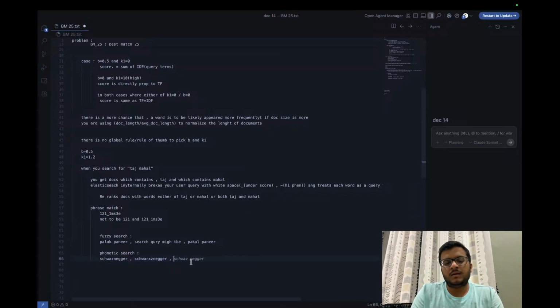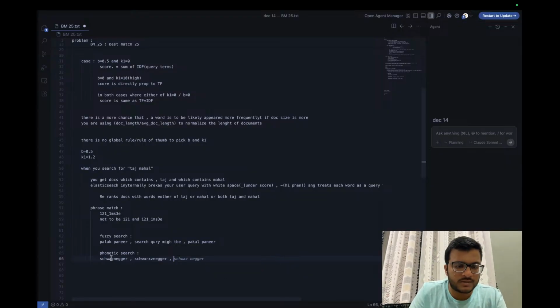But still, you can match it by sound, and there is something which phonetically represents these two words because the sounding is the same. Phonetic means sounding the same.